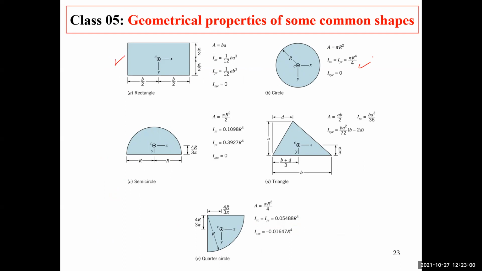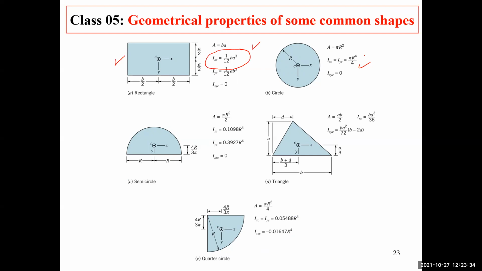And the parameter that we'll be using is known as the second moment of inertia about the centroidal x-axis, which is 1/12 B H cubed, where the base is the depth into the board, and H is the length of the plate along the y-axis.